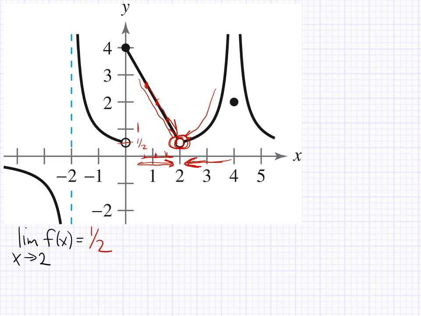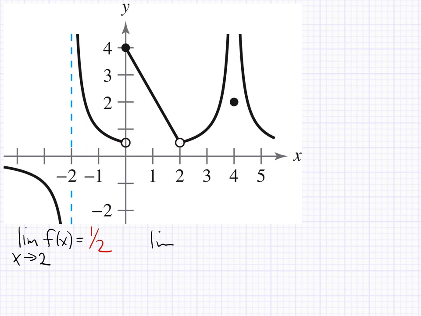It depends on your precision with your graph, etc. But it gives you an idea of what's happening. So if I said what's the limit as x approaches 2 using this graph, we would say that the limit is a half. Okay. Let me give you another one.